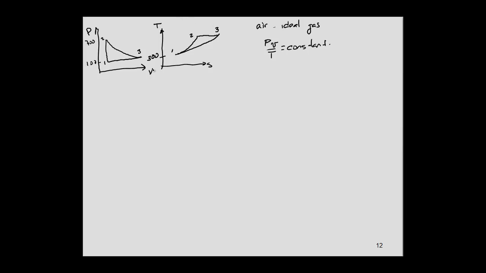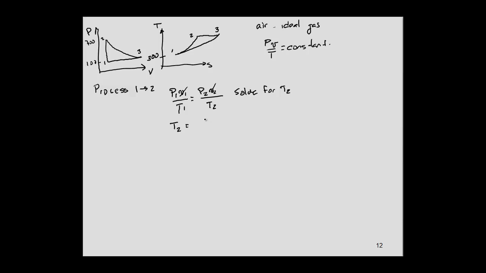So first process, we can write P1 V1 over T1, but you know pressure 1 and 2 is the same, so we can just cancel this and solve for T2.